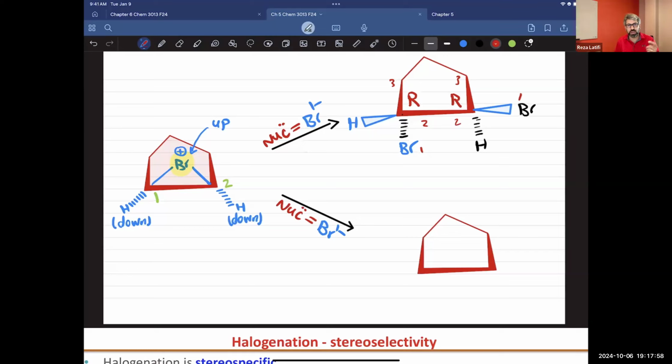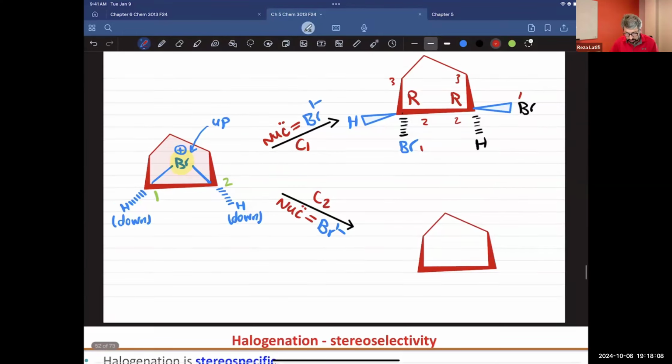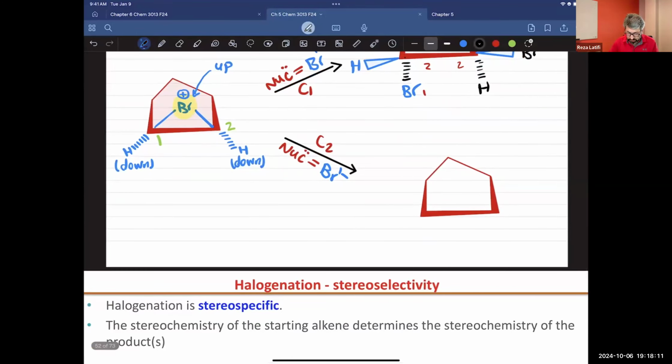And now if we attack, for example, carbon number 2 first, then the bromide will be here. This is going to be the new nucleophile that was added to the system. And what will happen with the original bromide?